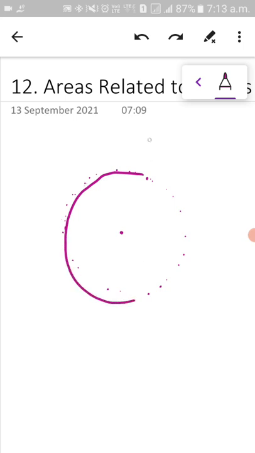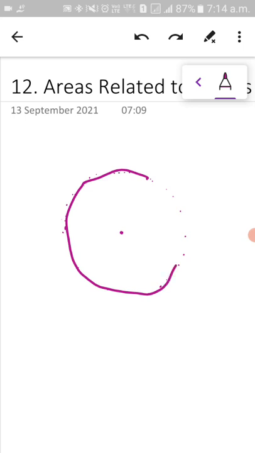If we join all these points, the collection of these points is called a circle.